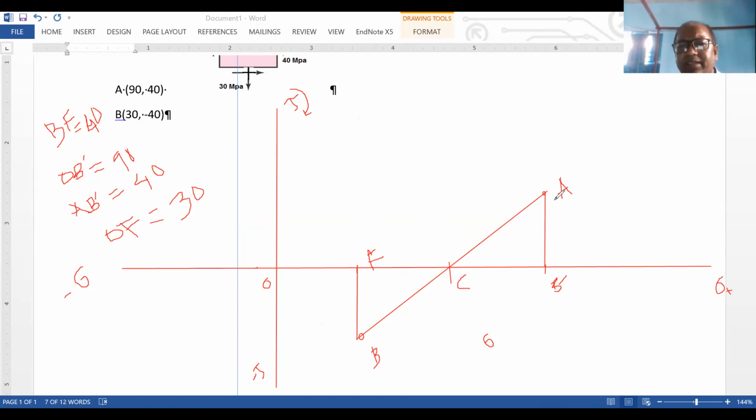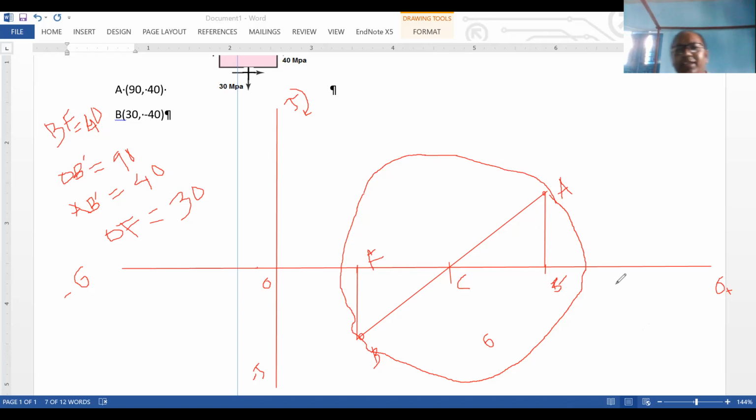So if I make the circle, obviously it goes like that. I might not draw it perfectly, it might come out like an egg instead of a circle. Okay. Now, easily you can figure out the radius of the circle.